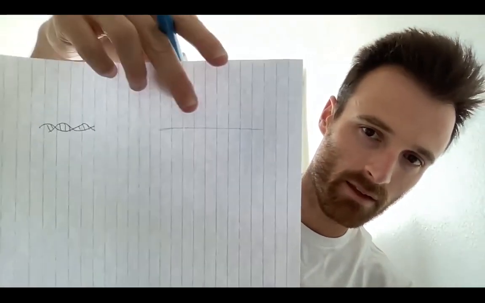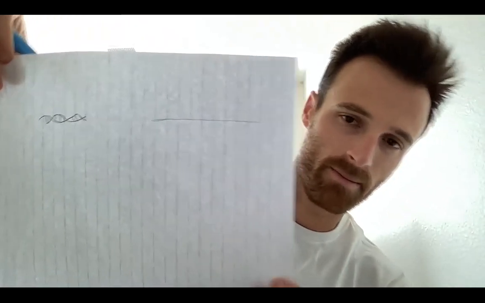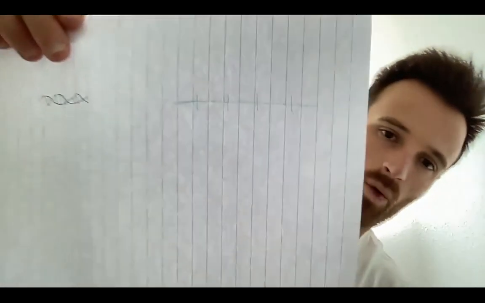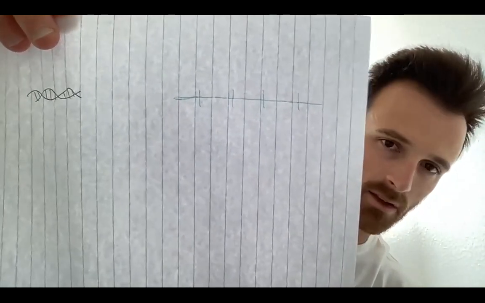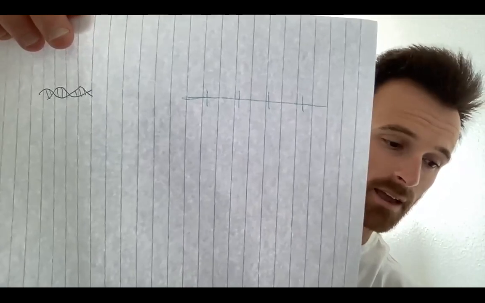That green line is going to be divided into 5 genes. So I did 4 hash marks. I know that's kind of hard to see. So there's 5 segments of DNA encoding the genes of the operon.